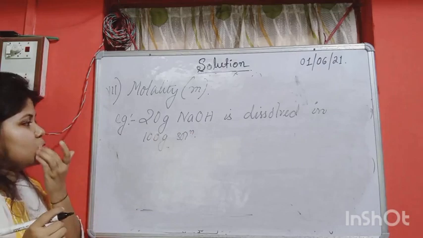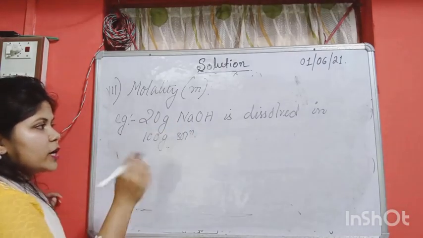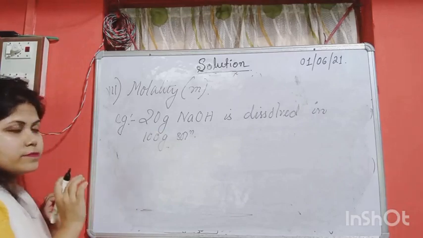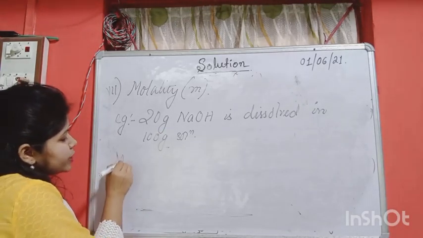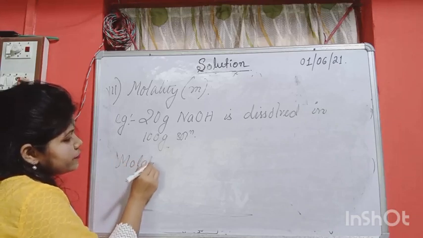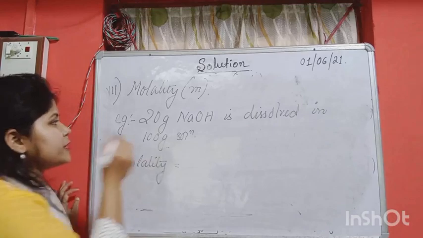Find out the molality of the solution. How will you find out the molality? The formula for molality is the number of moles of solute divided by the mass of the solvent in kg.